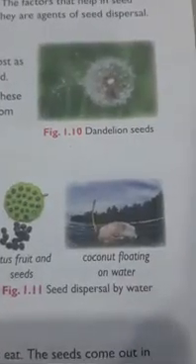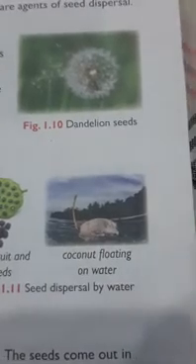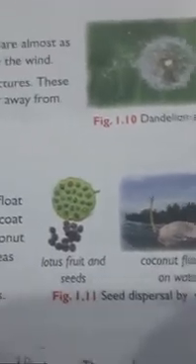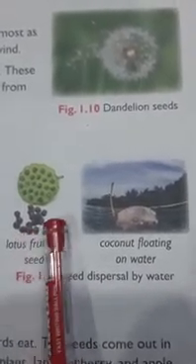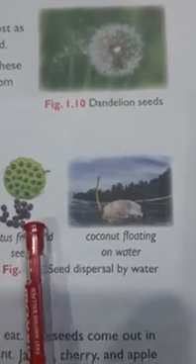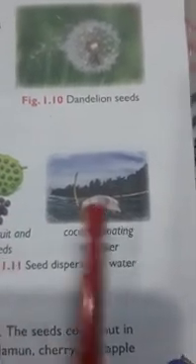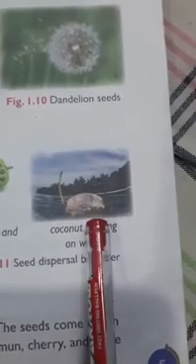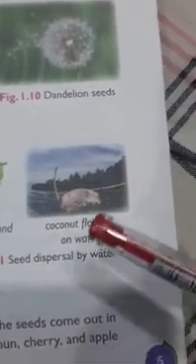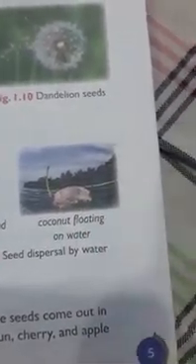Fruits of certain plants are carried by water. The lotus, you see here in the picture, has a spongy, light fruit that helps it to float away from the mother plant. And the coconut has a thick fibrous coat that helps it to be carried away from the mother plant.